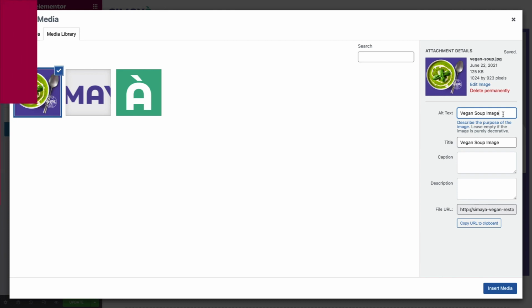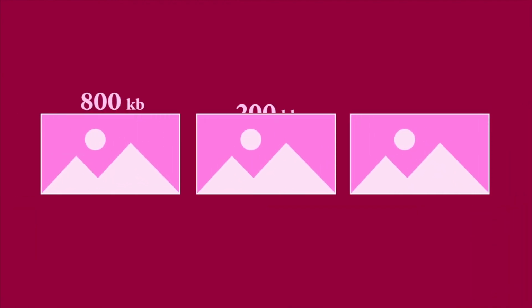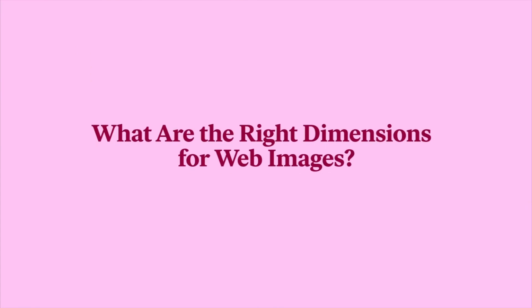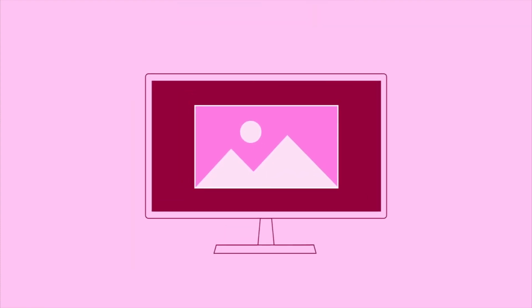Another important thing to keep in mind when uploading images is the file size. Try to keep image size to 200 kilobytes or smaller, as it may affect the resources and speed of your website. One of the most commonly asked questions when building websites is, what are the right dimensions for web images? You can calculate the dimensions of your images according to the common screen sizes.